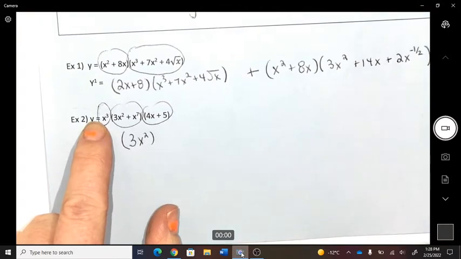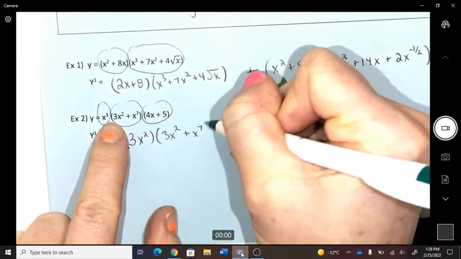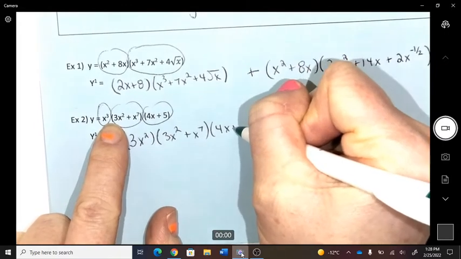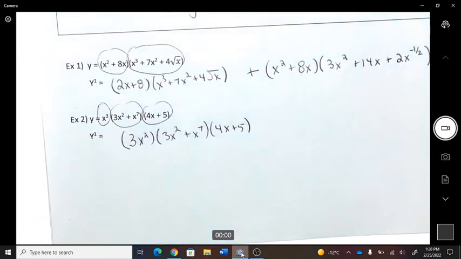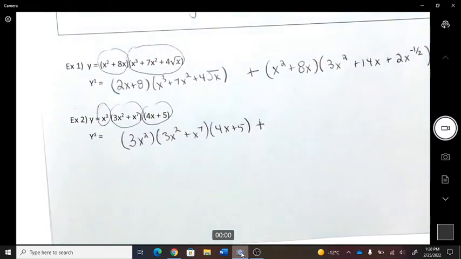I'm deriving, and then I'm going to keep. So that's when I derived the first one.